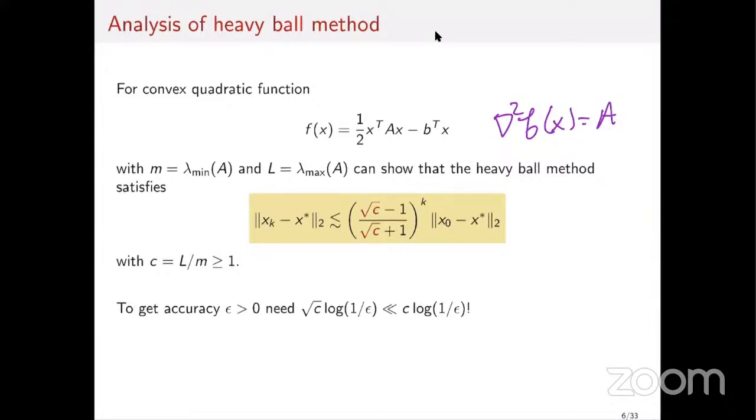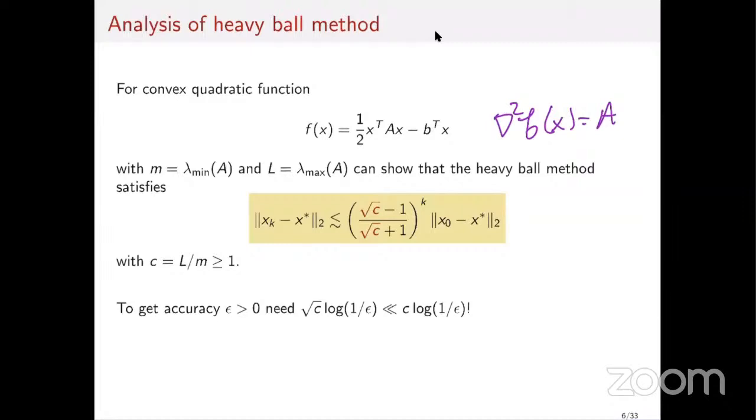And so you can prove that the heavy ball method will have a faster convergence compared to the gradient method, and will have the convergence I mentioned in the first slide. That is, instead of having c minus 1 divided by c plus 1 to the power k, it will have square root of c minus 1 divided by square root of c plus 1 to the power k.